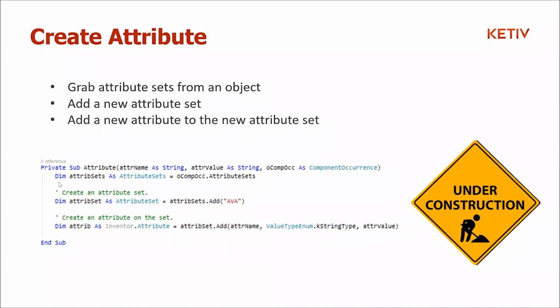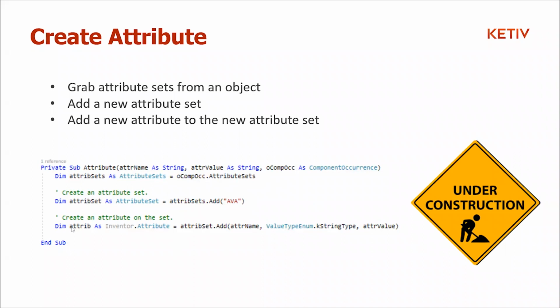So you can see the lines of code here. I have it in just a method that I can call. So I'm just passing in a name and a value and the object that I want to attribute, in this case, an occurrence. And there we just grab the attribute sets off the occurrence, set up a variable, and then I make an attribute set and name it AVA, just like we did manually.